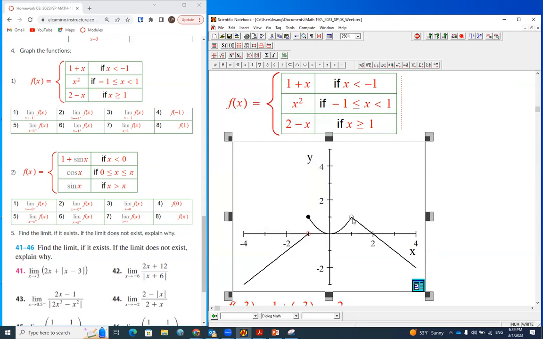So this point is both a circle and a dot. Dot is for the third rule, circle is for the curve.